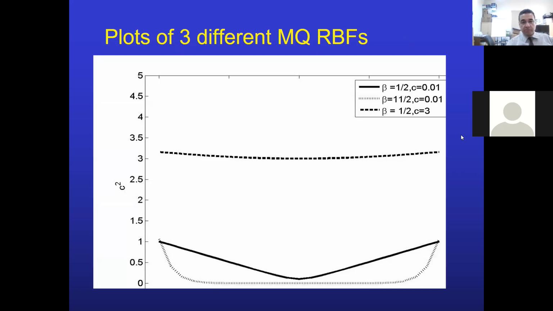So here, I have several basis functions. The dotted lines show the basis function with a small beta 1/2 and a small shape parameter C. And the one on the top, the dashed lines, is beta, dotted lines are, I'm sorry, it's 3/2.